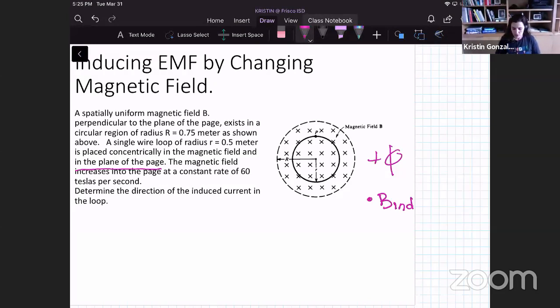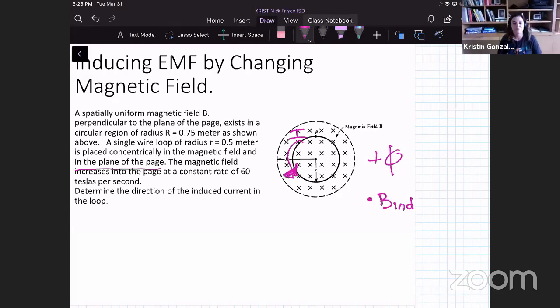The way that I remember how to do this is, with your loop of wire, I point my thumb in the direction of which way that induced field should be. So if I want a magnetic field coming out of the page, my thumb points out and my fingers are going to curl around in the direction of that induced current. So if we put our fingers out at us, we're curling around counterclockwise.